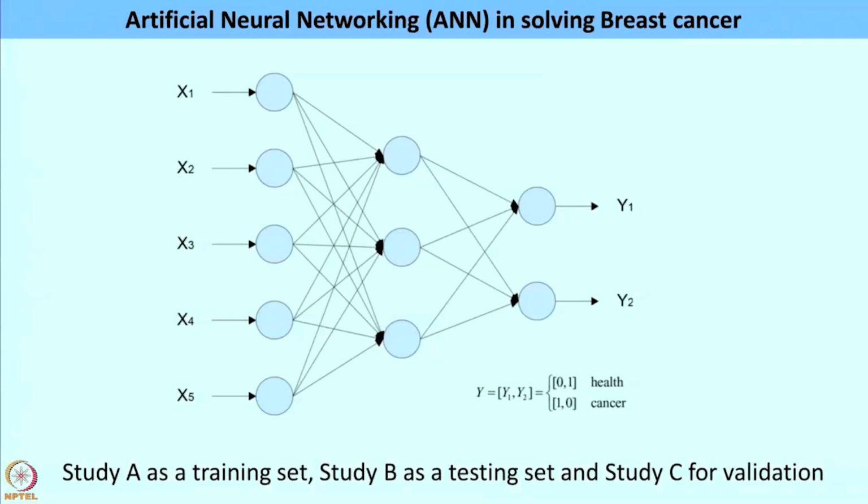So, in this kind of artificial neural network, in most cases for the training set, around 70% or more of the data needs to be taken, whereas for study B 30% of the data needs to be taken. The model is further validated with a blind data set to check the efficiency of the model. In most cases, the accuracy of the model needs to be more than 80 or 85%.